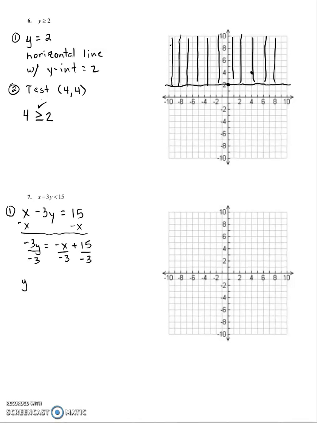So y equals 1/3 x minus 5. And this is going to be a dashed line because our original inequality was less than. So we start with a point at negative 5, up 1 and over 3 according to our slope. And now we draw a dashed line.